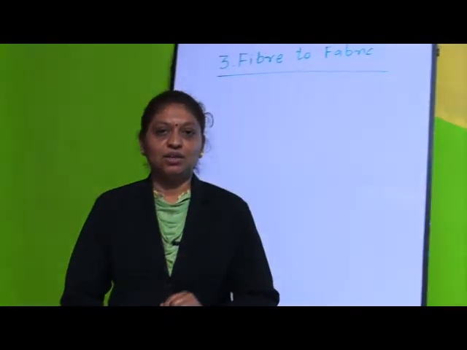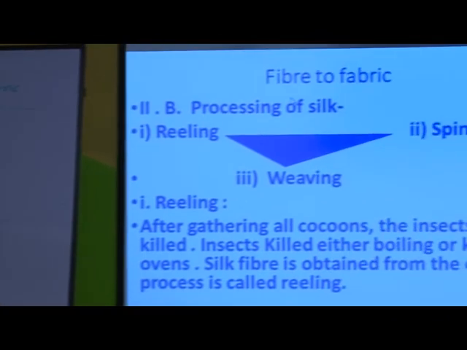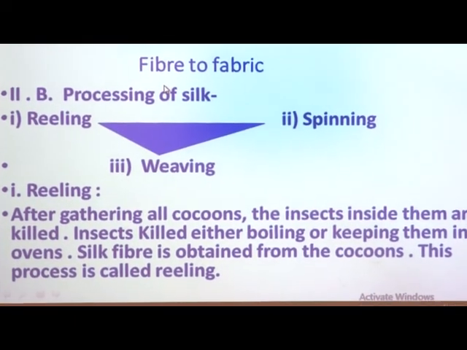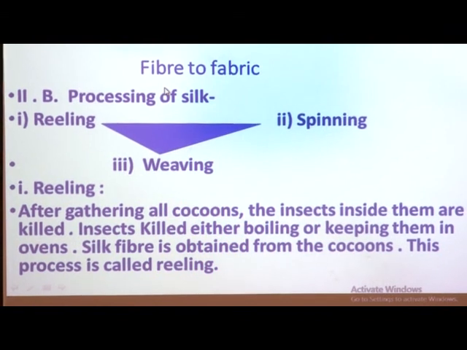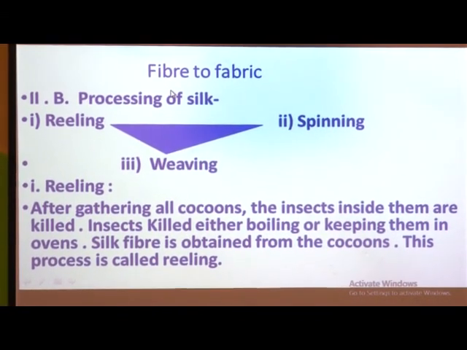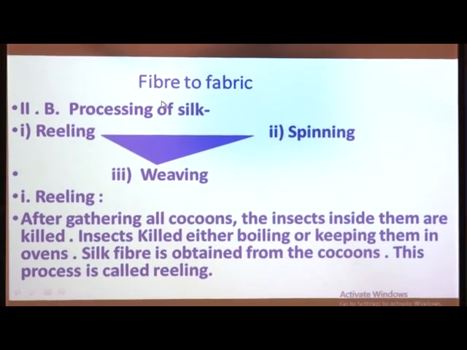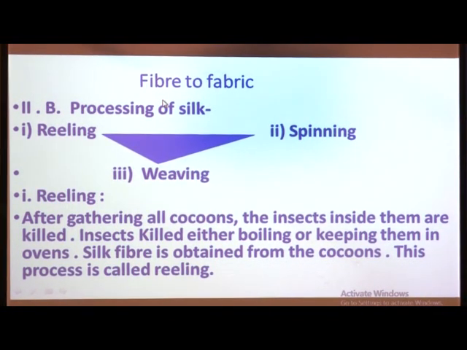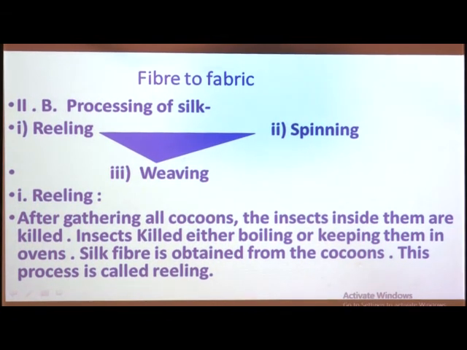Next process is the processing of silk. As I told, from this third stage we can get silk fiber. So processing of silk fiber starts from the third stage of the life cycle of the silk moth or silkworm.